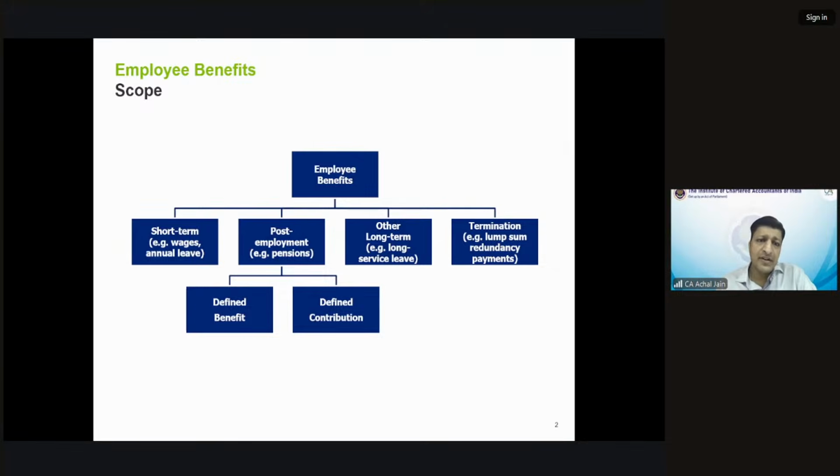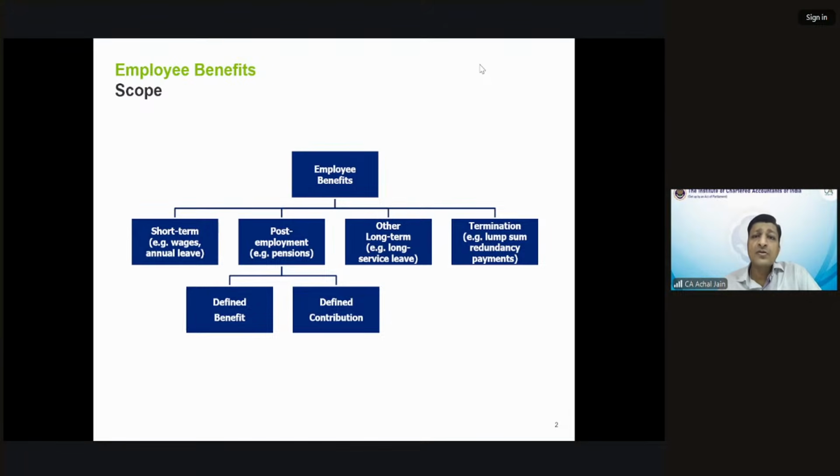Now, this was about the short-term employee benefits. The other one that we discussed, post-employment employee benefits. Okay. Now, can you please explain what are post-employment employee benefits? Over to you. Great.